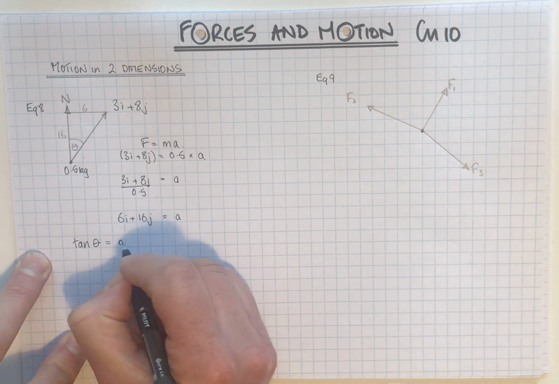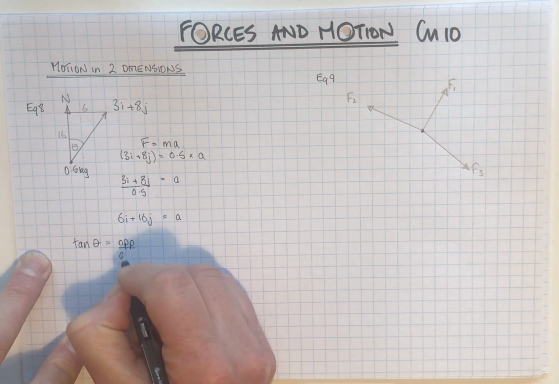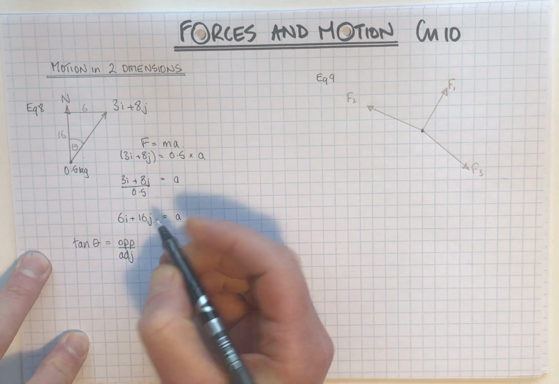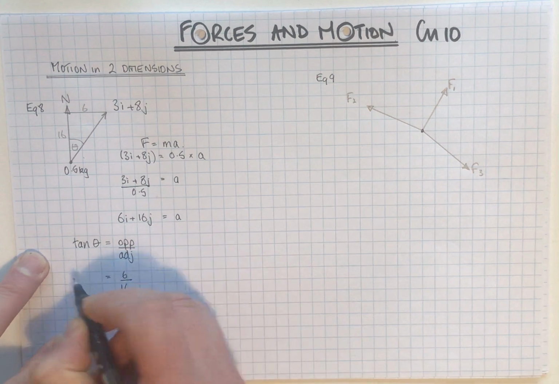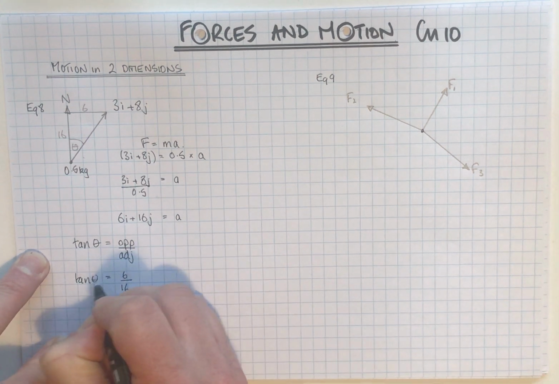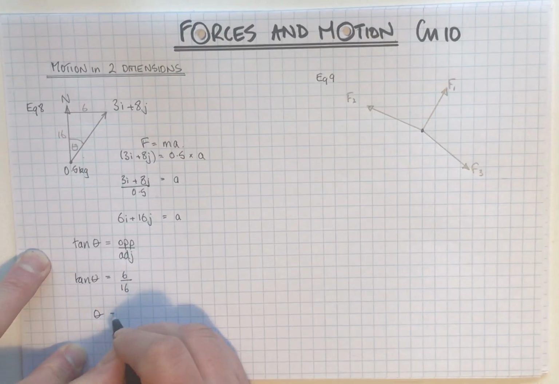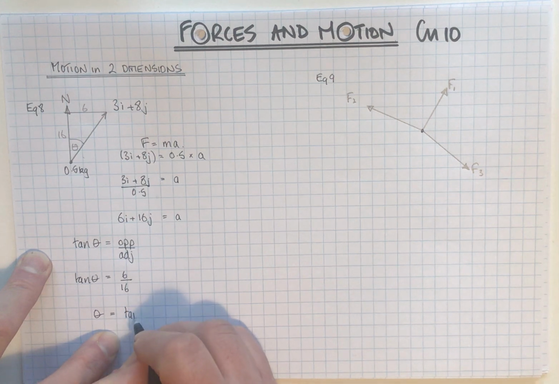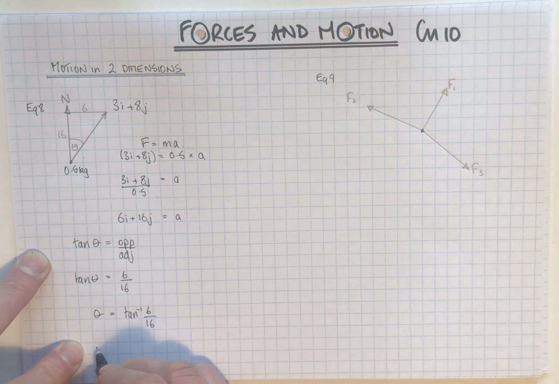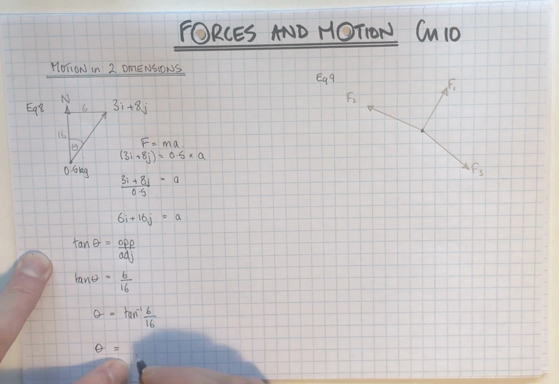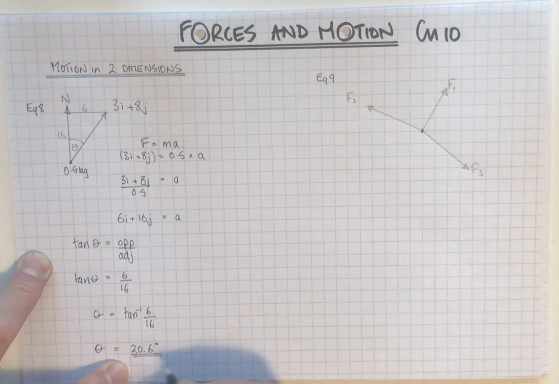Tan theta is opposite over adjacent, which is 6 over 16. So tan theta is 6 over 16. Theta is inverse tan of 6 over 16, which will give you an answer of 20.6 degrees.